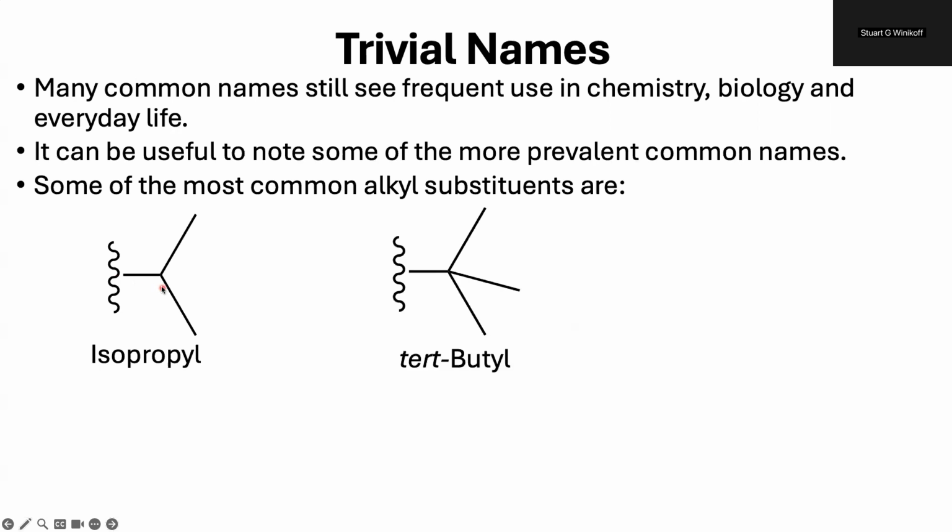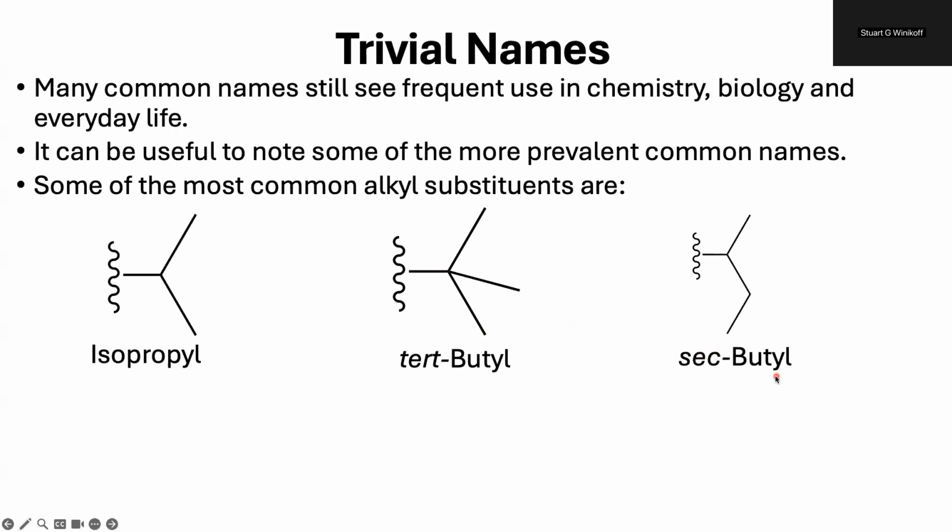Similarly, you can do the same thing with a butyl group. I have a 4-carbon chain, but I'm coordinated at the middle of essentially an isopropyl group that has an extra substituent, rendering it from propyl to butyl. This is called a tert-butyl group. Similarly, you can imagine binding a butyl substituent in the middle, and this would be called a sec-butyl.